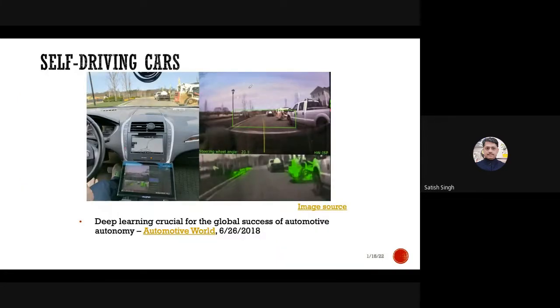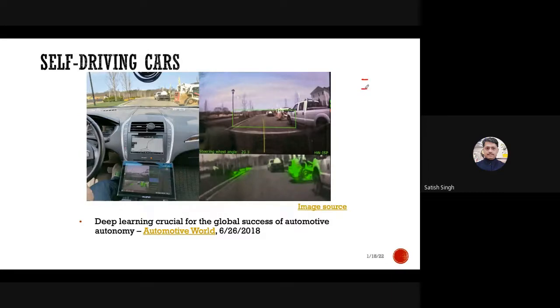Self-driving cars: scenes are captured, meaning images are captured, and by using deep learning models, various inferences are drawn from these scenes. Even in driving assistance, driver drowsiness detection is one application where images are captured and analyzed to see whether there is any drowsiness with the driver or not.